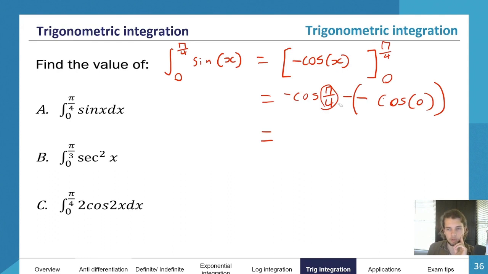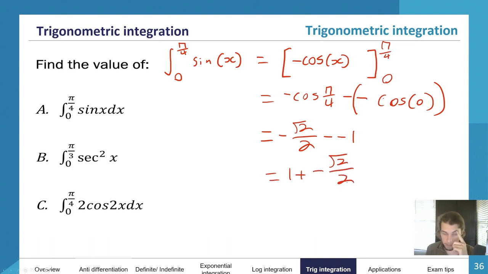We could use our magic triangles if we wanted to. I believe that would be equal to something like this. Minus, which means plus 1. So we have 1 plus this here, unless I'm misremembering. I haven't done trigonometry in a while. So that should be our value there.